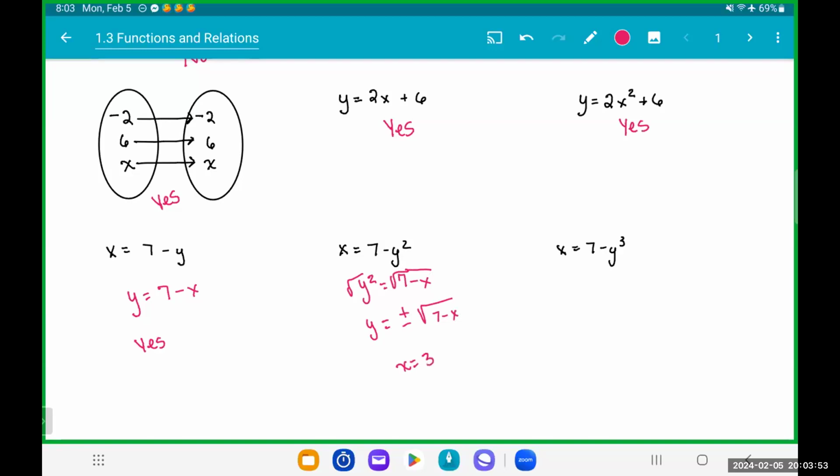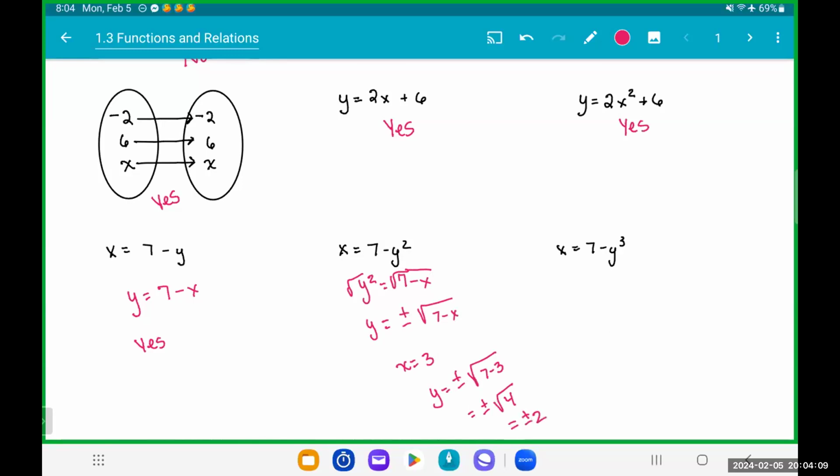I plug that in, I get Y equals plus or minus the square root of 7 minus 3, which equals plus or minus the square root of 4, which means plus or minus 2.